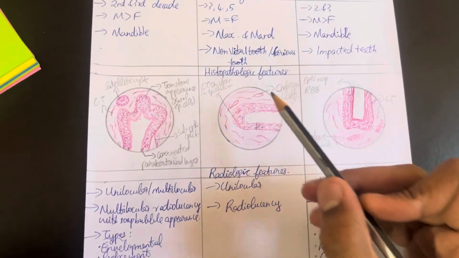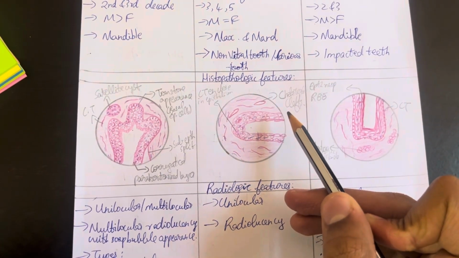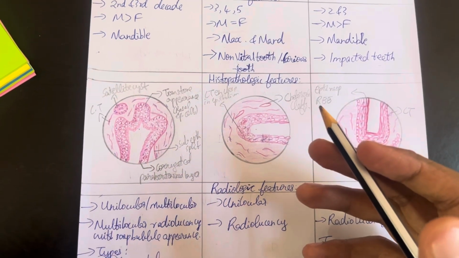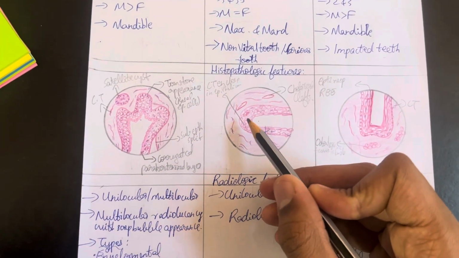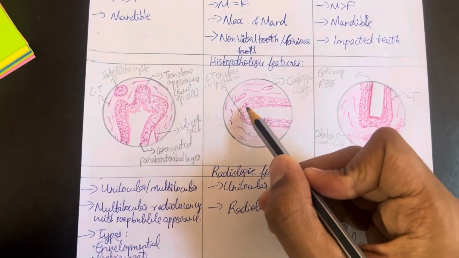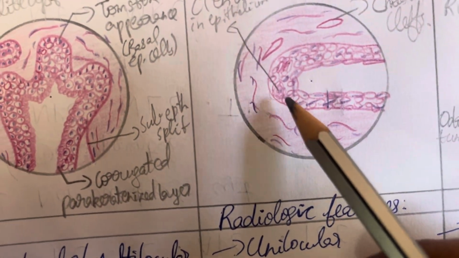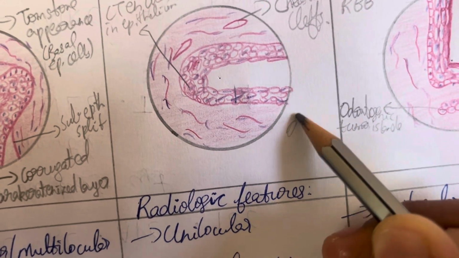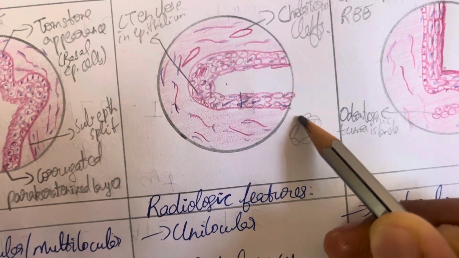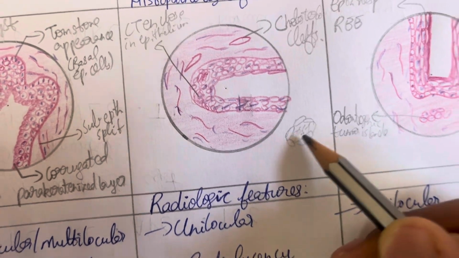Now coming to the radicular cyst, there is cholesterol cleft seen in the connective tissue, and if you see in the epithelial region, there is connective tissue enclosed within the epithelium. It's nothing but like this. These are the epithelial cells enclosing the connective tissue, fibers and all of the things.